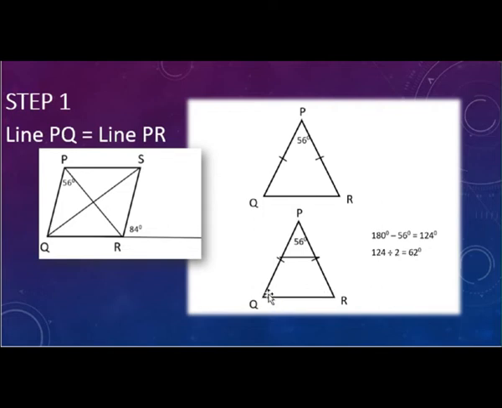So the angle formed at Q is 62. The angle formed at R is 62. And when we come to the diagram here, 62 is for both this angle and this one, because we have taken the whole isosceles.